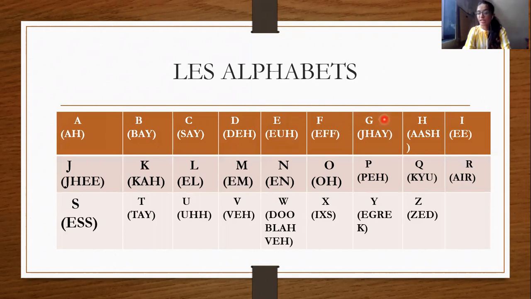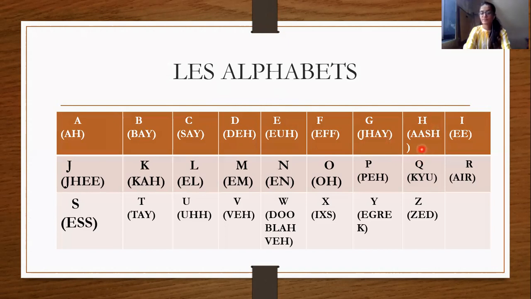The letter G is pronounced as J. So basically in French, the letter G is pronounced as J and J is pronounced as G. It's inverse in French. The letter H is pronounced as Ash.